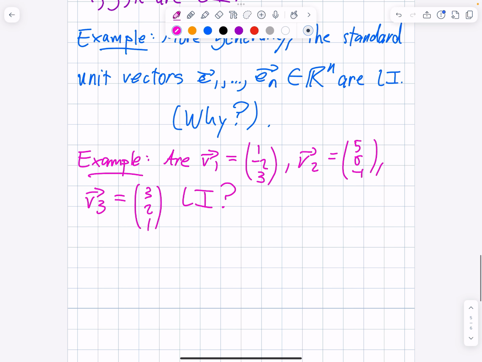Okay. So whenever you want to determine if a set is linearly dependent or independent, it just amounts to solving a system of linear equations, which at this point we're pros at.